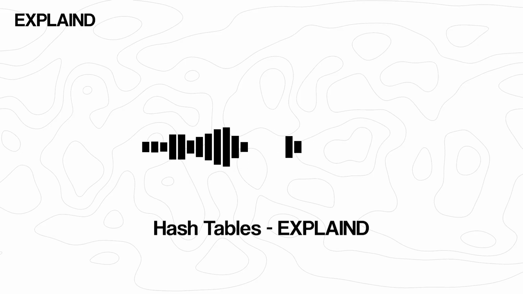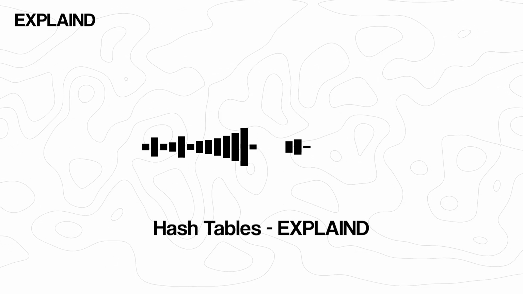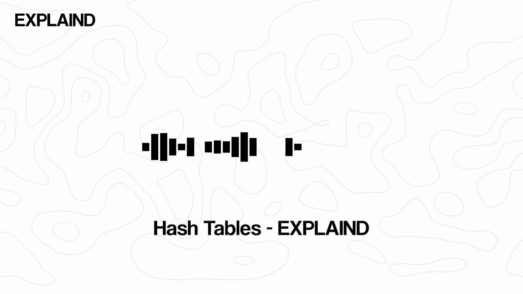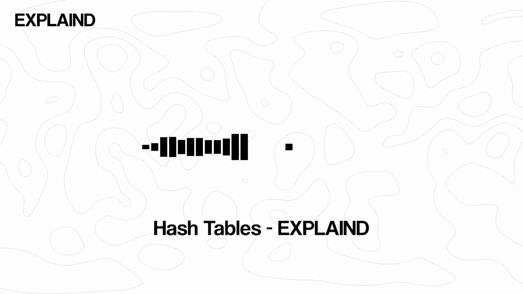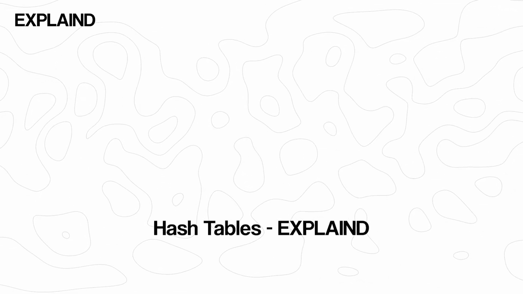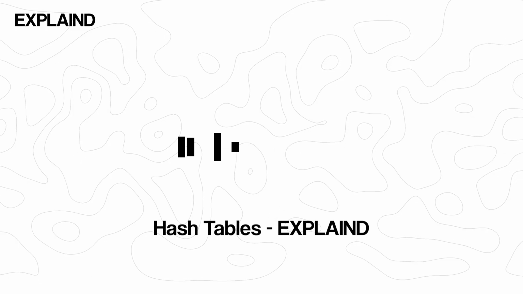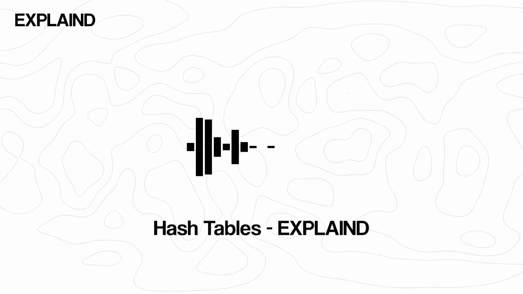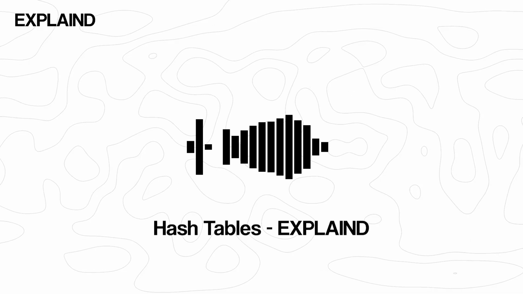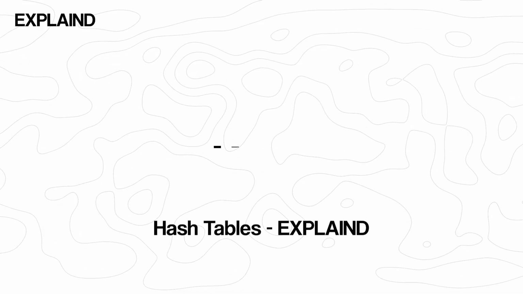It's amazing how these data structures, which seem pretty abstract at first, have such a huge impact on our digital lives. They're like the unsung heroes of the internet, aren't they? I like that, unsung heroes, working tirelessly behind the scenes to make sure everything runs as it should. And as we all use more and more data-driven applications, hash tables are just going to become even more important.